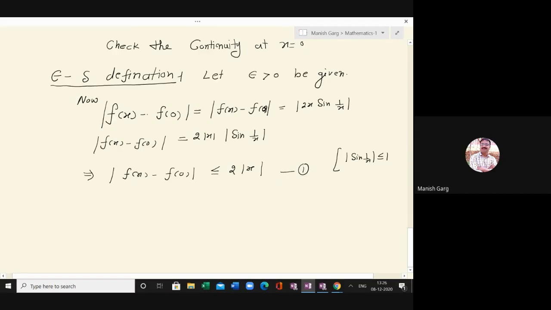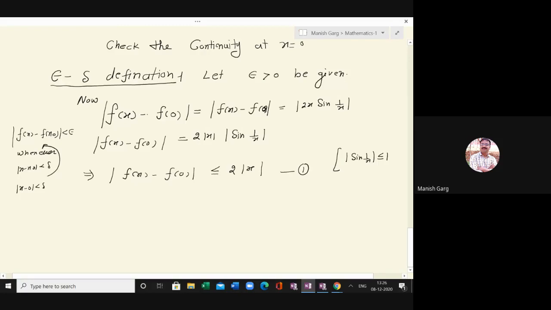Actually, when you are applying the epsilon delta definition, it says mod f x minus f x naught will be less than epsilon whenever mod x minus x naught is less than delta. Here x naught is 0, so whenever mod x minus 0 is less than delta, this condition must be satisfied.